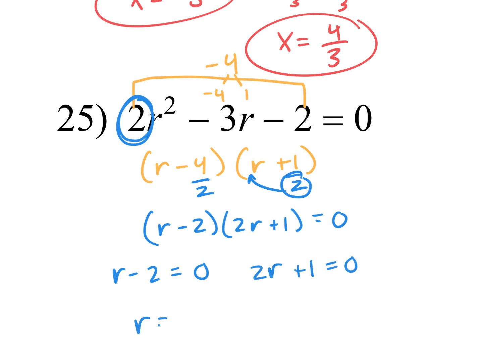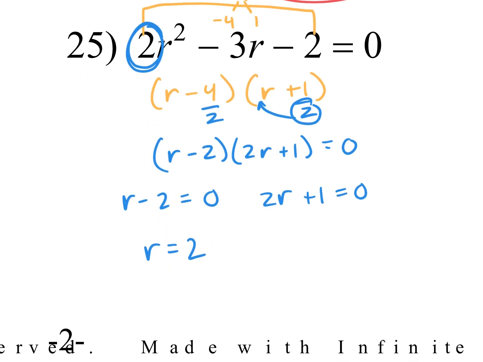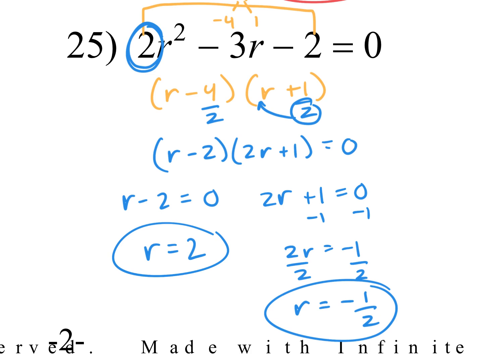Perfect. So r is equal to 2. Roy, what do I do to solve the second one? Minus 1 first, so 2r is equal to negative 1, and then divide by 2. So r is equal to? Negative 1 over 2. Good job, guys.